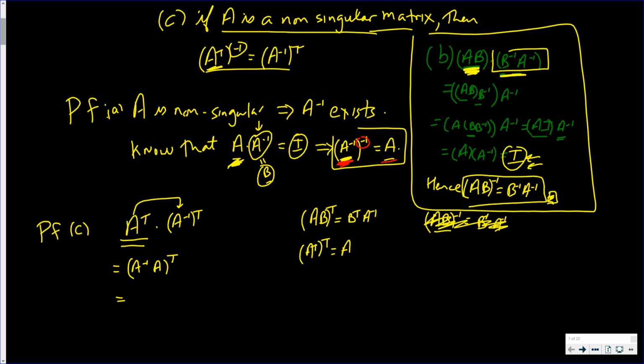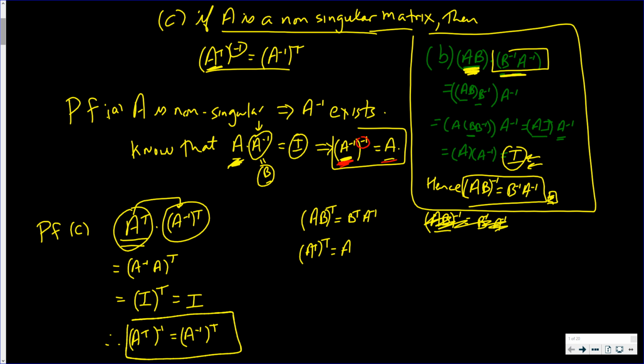What's in the brackets is the identity, and when you transpose the identity, you get back the identity. That means this times this is the identity. Therefore, the first matrix inverse is equal to the second matrix. We wanted to prove this, and we did.